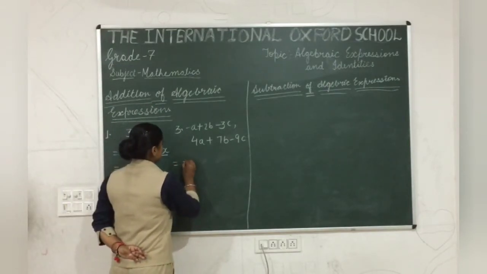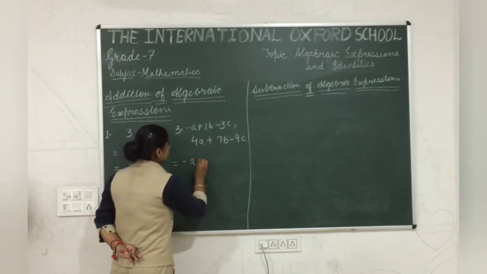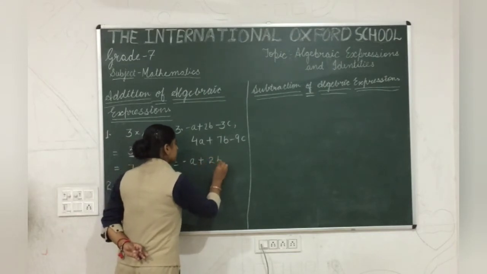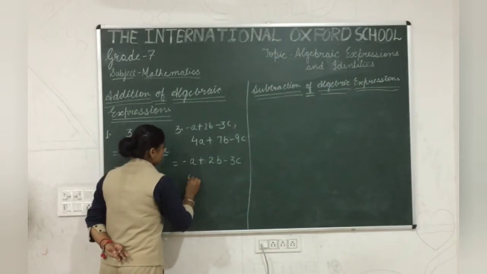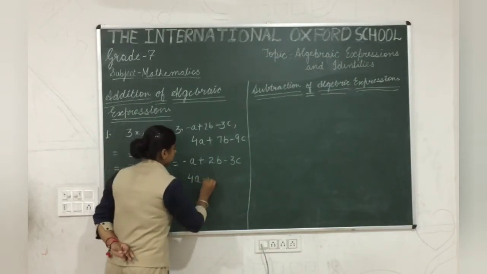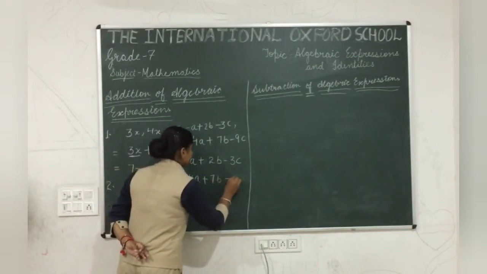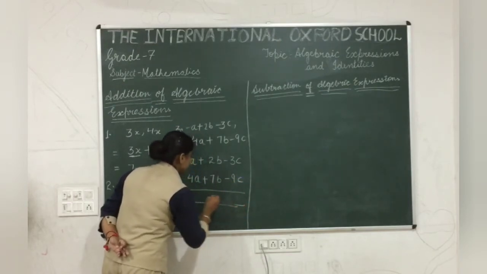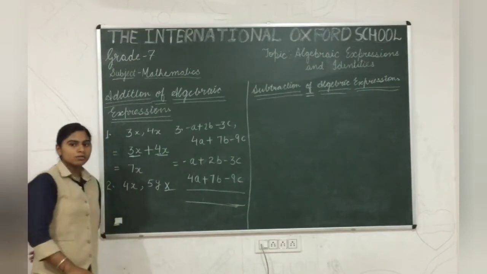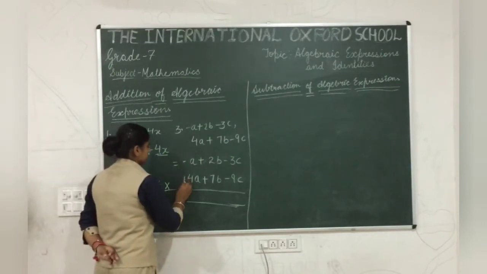So minus a plus 2b minus 3c and 4a plus 7b minus 9c. Now we will add both of these expressions.